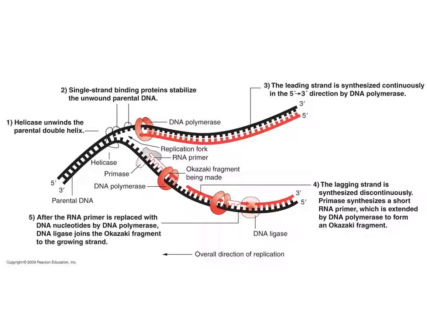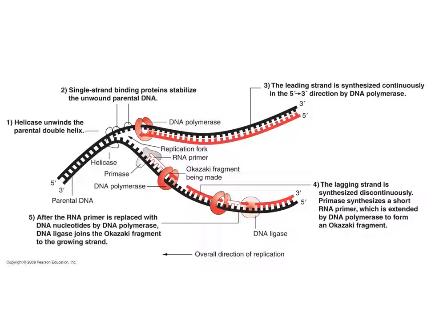The first thing that happens is primase will come and lay down a short primer of RNA. It's just a few nucleotides, but it's actually RNA as opposed to DNA. If you recall, RNA has a ribose sugar as opposed to a deoxyribose sugar, but it has the same type of complementary base pairing that we see with DNA.